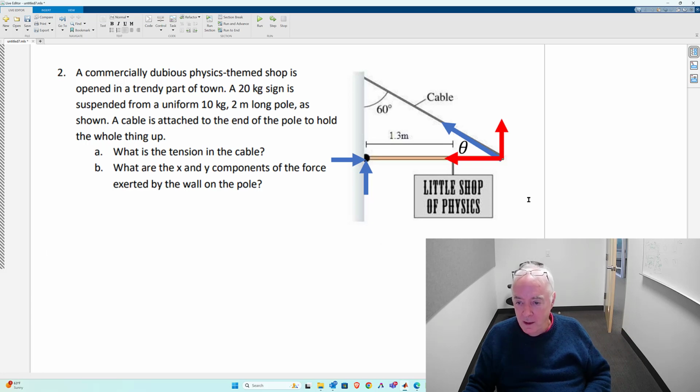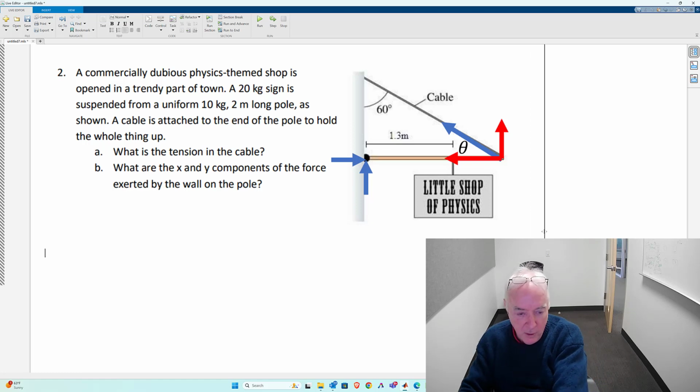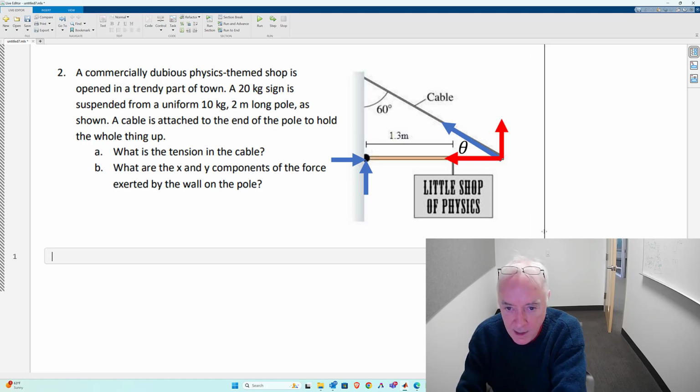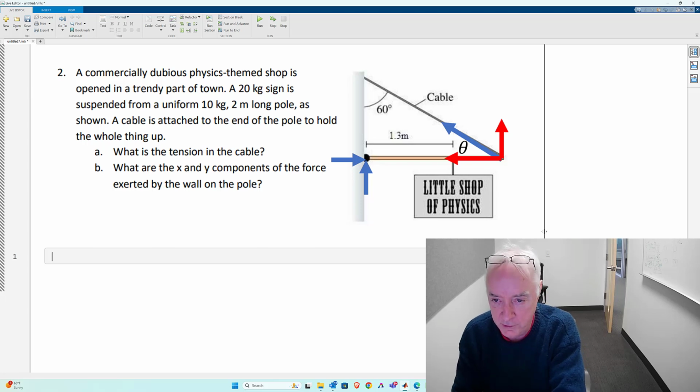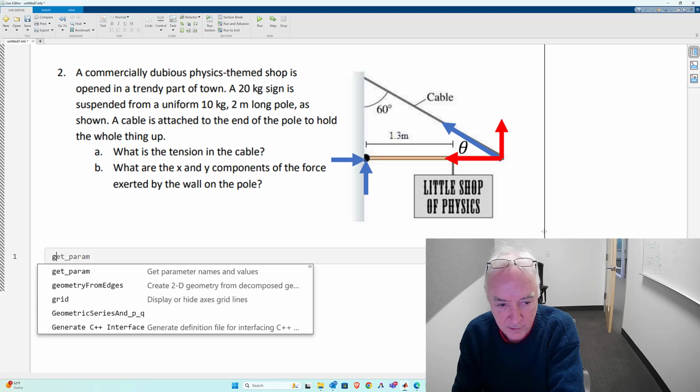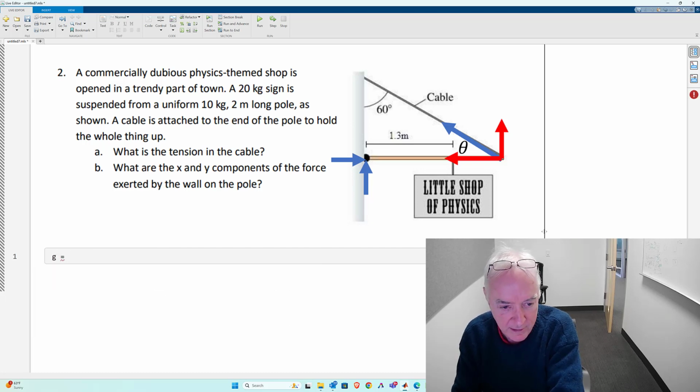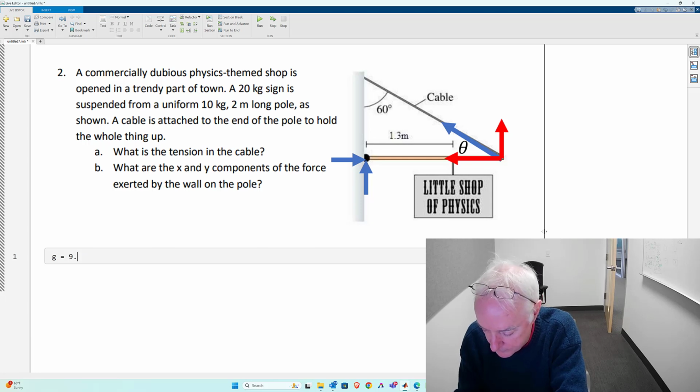So anyways, let's go ahead and get started on this. We get into code mode, and the first thing we will do is calculate the weights. To know weight, we need to know what gravity is, so I'll put in 9.8. Put my glasses on, all right?